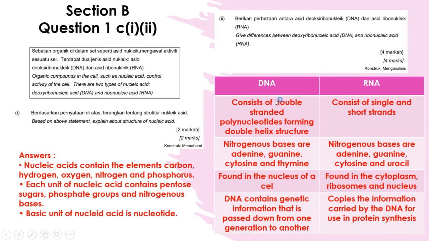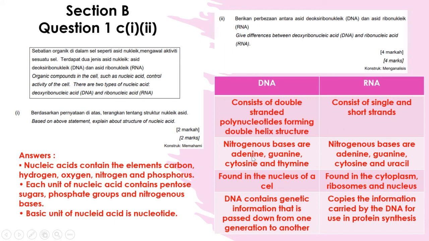Let's go back to the differences between the DNA and RNA. First, DNA consists of double-stranded polynucleotide forming a double helix structure. The key point here is the double strand of polynucleotide. Whereas the RNA consists of a single and short strand of polynucleotide.